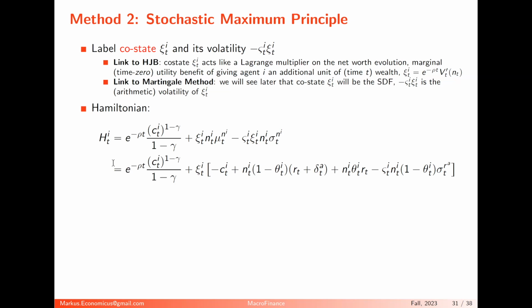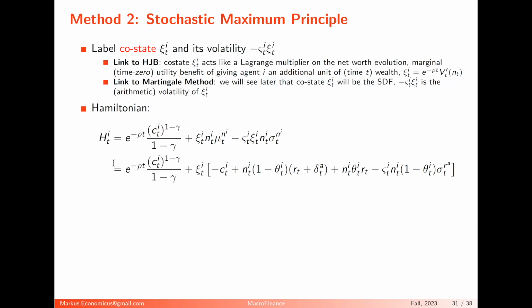And once you label this, you will see immediately later on, oh, that's what it is. So this SDF, the stochastic discount factor, is Xi, and then the loading of the stochastic discount factor on the Brownian, the dz term, the volatility loading, is my minus varsigma.